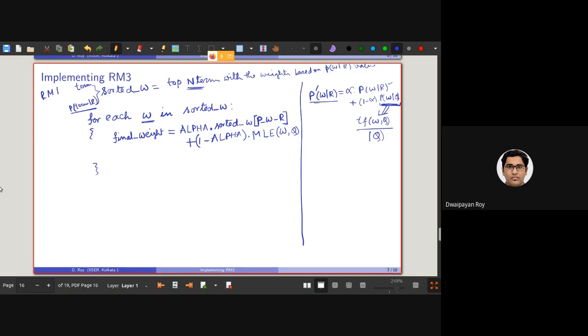That's it. This will be the final weight of each of the words. So we can consider final weight of W equals this. Then from this function, we can return the final weight.